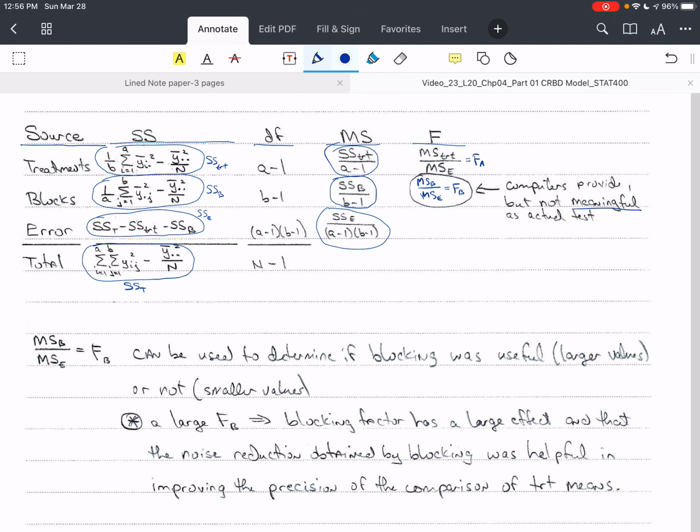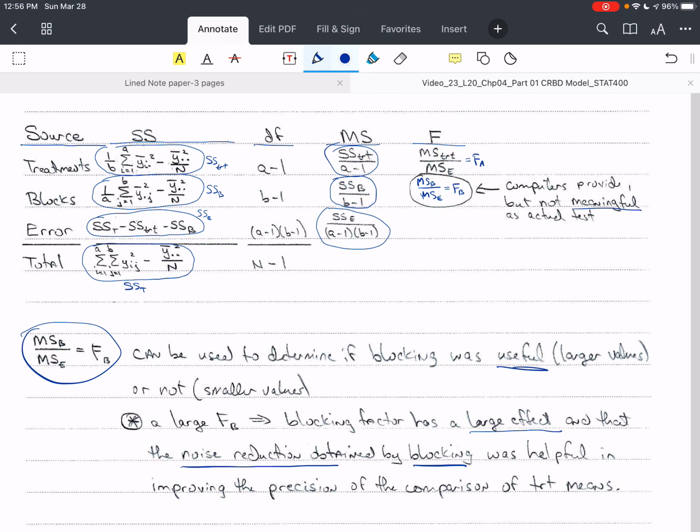What we can do is determine if the blocking was useful. The larger this ratio is, the more effect the block has on the results, and the bigger the noise reduction obtained by the blocking.